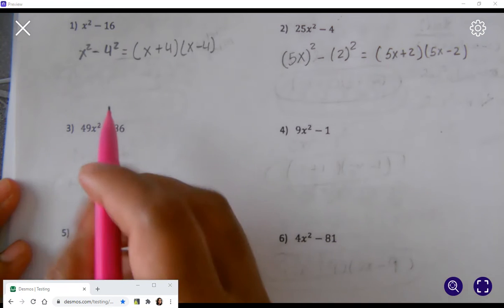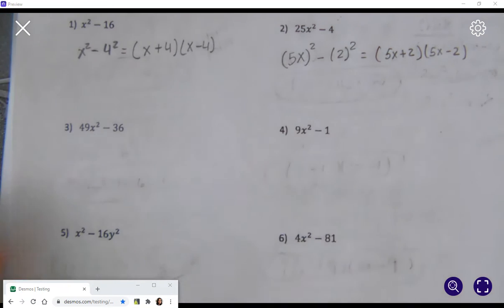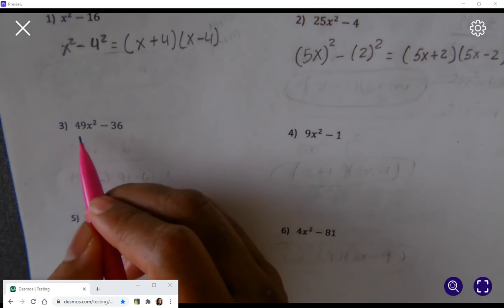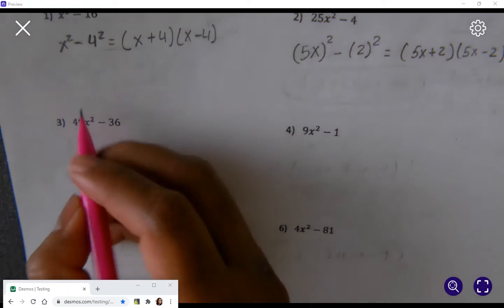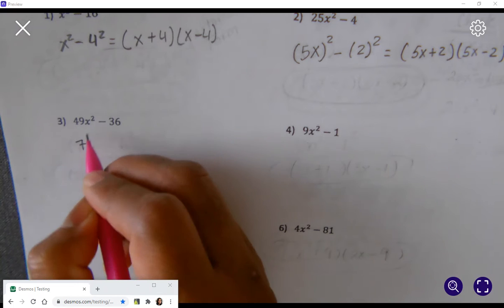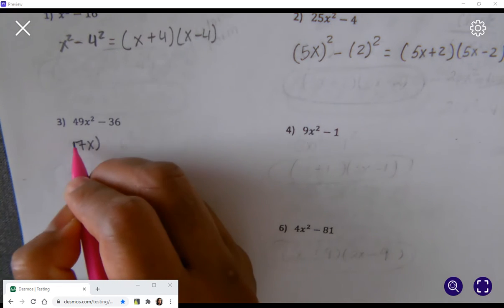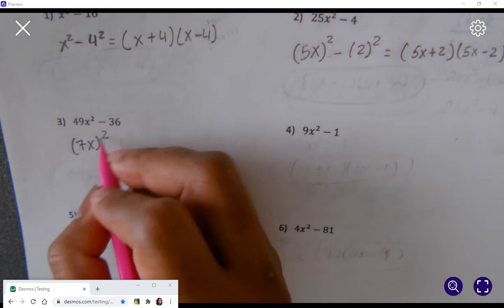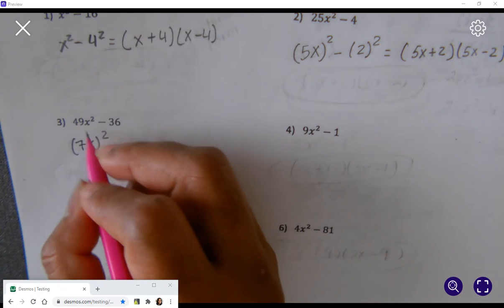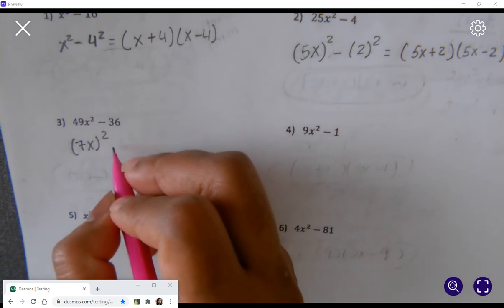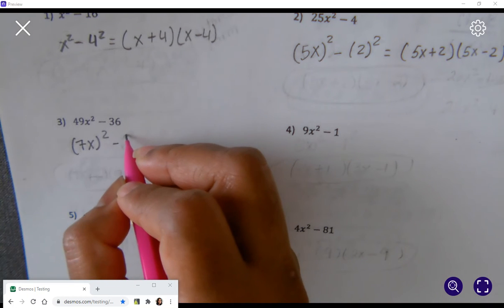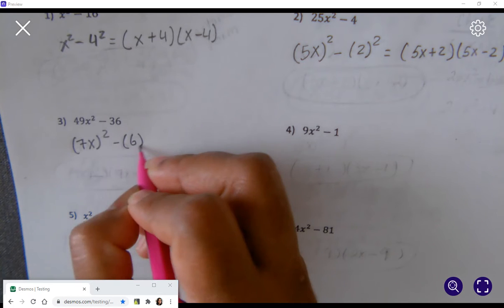So you have here 49, so you can rewrite that as 7 squared, and then you have your x, so you can rewrite this whole thing as 7x squared, because 7 squared is 49, x squared is x squared. And then 36, you can rewrite that as 6 squared.